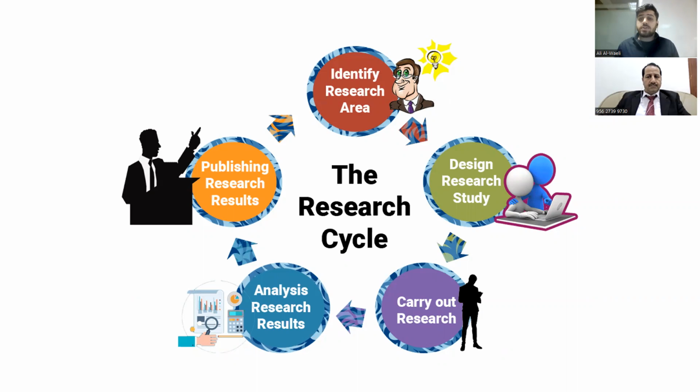Now, no matter what the research area is, it could be social science, it could be something related to earth science, it could be something related to engineering, renewable energy, information technology, and whatnot. You need to look at the broad area of your interest. Not only look at the broad area of your interest, but you have to investigate that area to look for the main points of what you call research gaps.